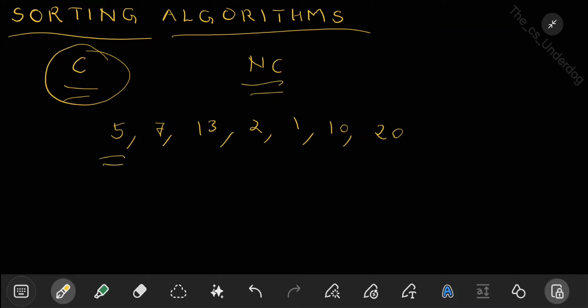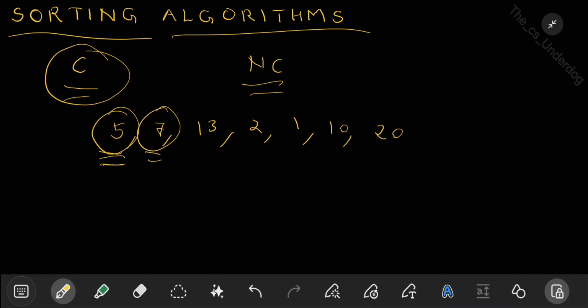So if you want to compare 5, you will directly compare 5 with whatever element you want to compare with. So if you want to see whether 5 is in the right position with respect to 7, you will directly compare 5 with 7 and see that yes, 5 is smaller than 7. So it is correctly placed on the left side of 7. So this is what is called comparison based sorting.